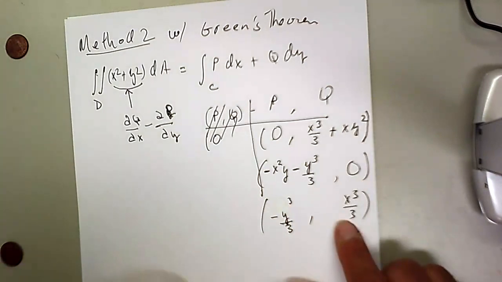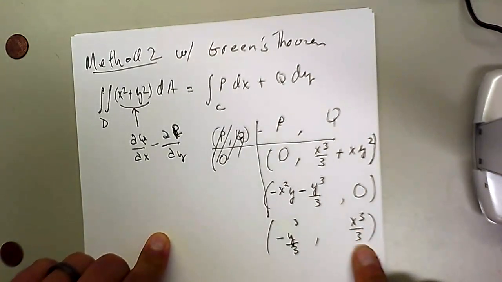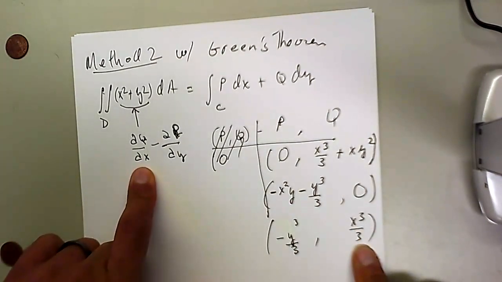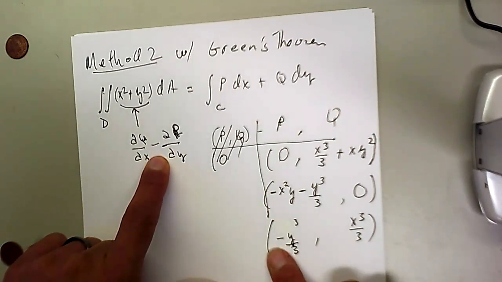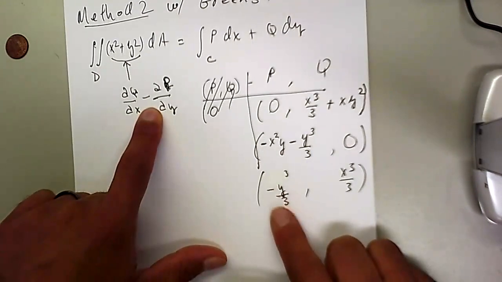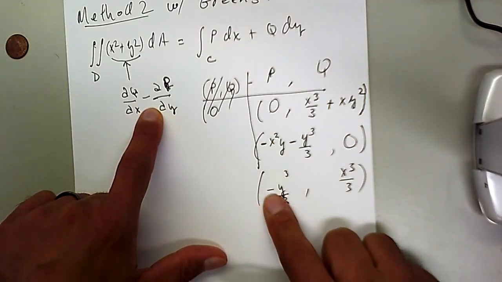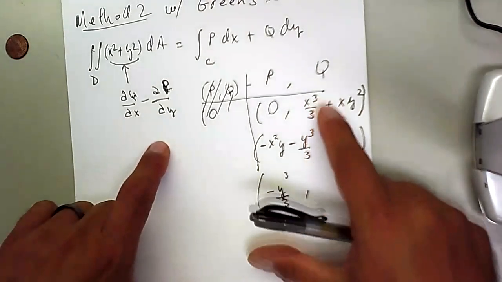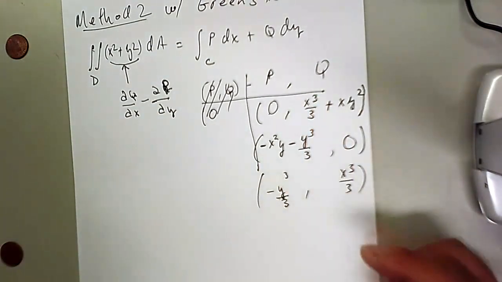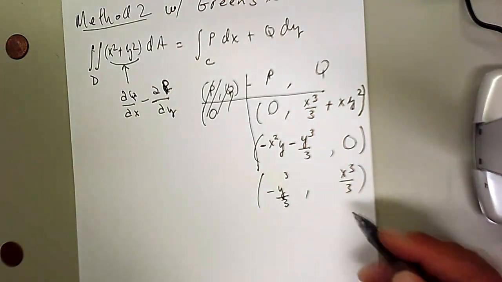Let me double check. The derivative of p with respect to x is going to give us x squared, and then minus the derivative of this one with respect to y, because there's another negative here, we're going to end up with plus y squared. So this would work, and there's probably many more. We've got to pick one.